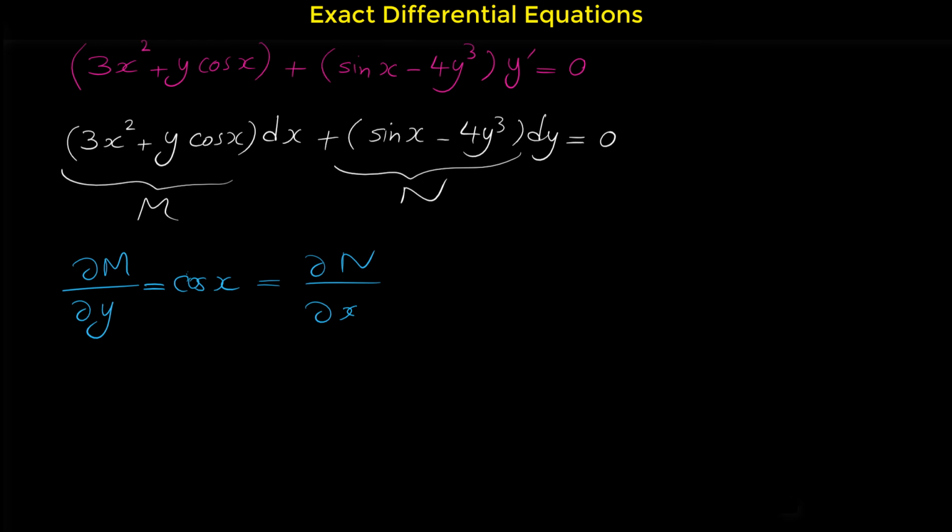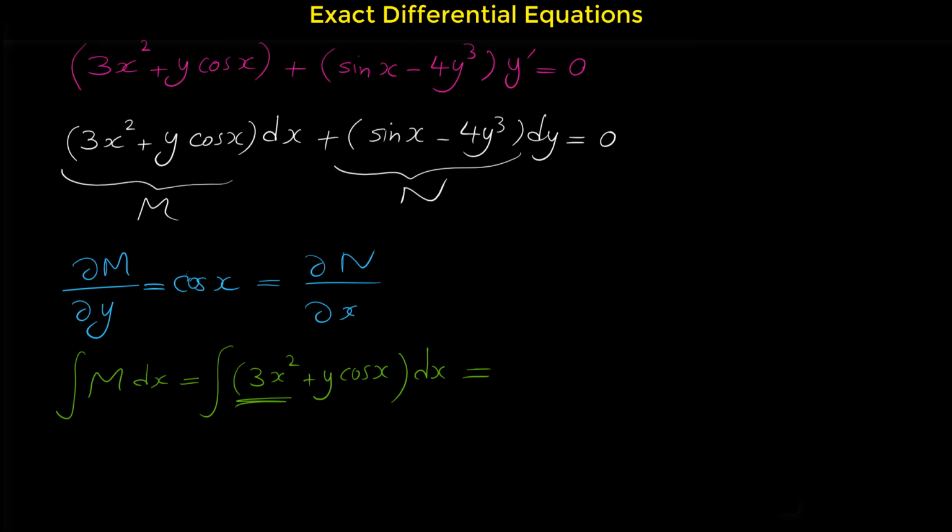Now, for finding the solution of this exact differential equation, as usual, first we have to integrate M with respect to x. M here is (3x^2 + y cos x) dx.